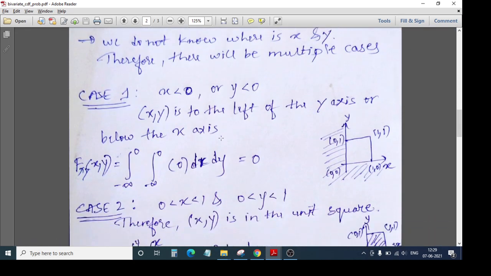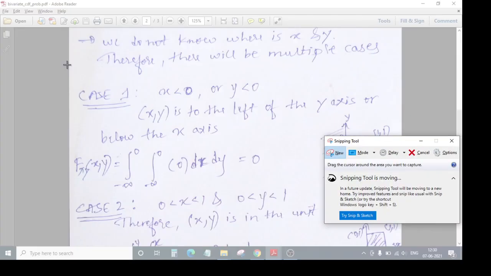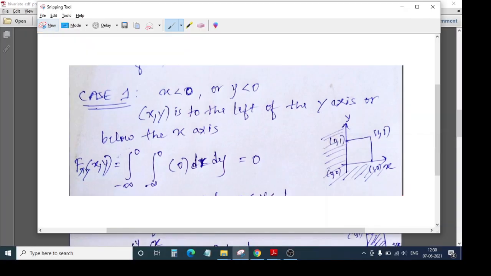Let us take the first case, friends: when x is less than 0 and y is also less than 0. This is our first case.